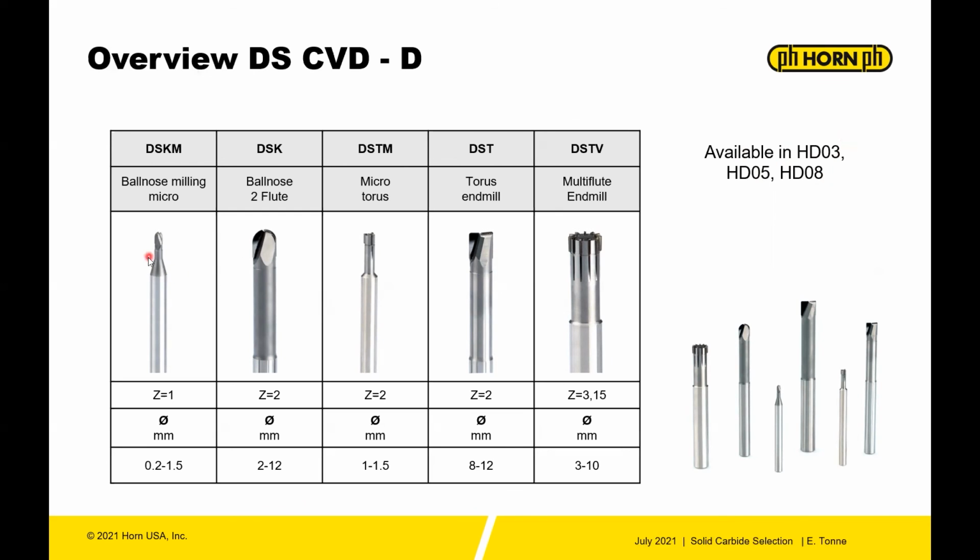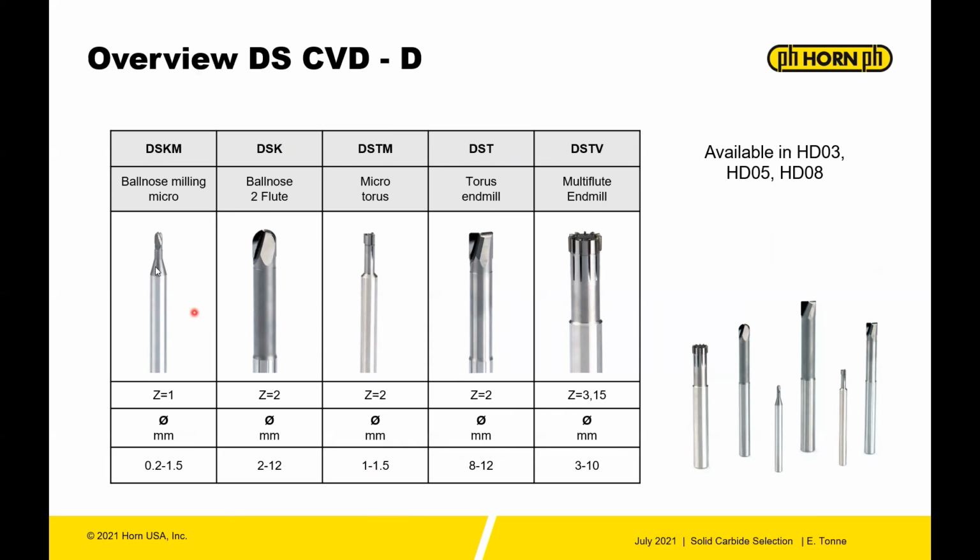And you can find these in different configurations and down to really small diameters. So for a ball nose, for example, you get down to 0.2 millimeter diameter. Also micro torus from 1 millimeter, and then torus Endmills, and then multi-flute Endmills.